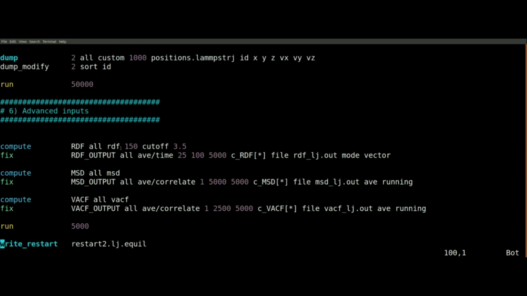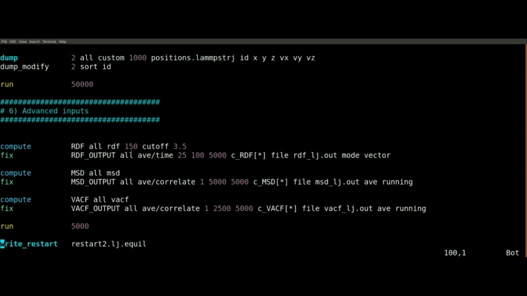And here I've got my compute command, and I've said that I want my RDF to be computed up to and only up to 3.5 sigmas. And I want that distance of 3.5 to be split into 150 different bins.